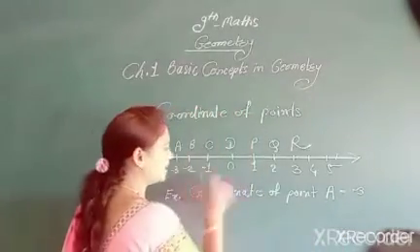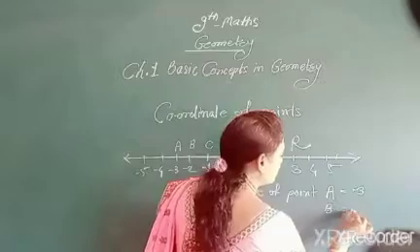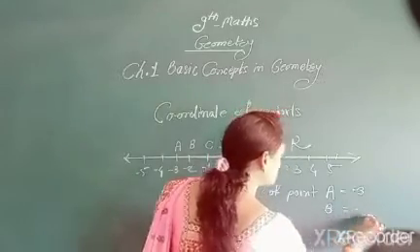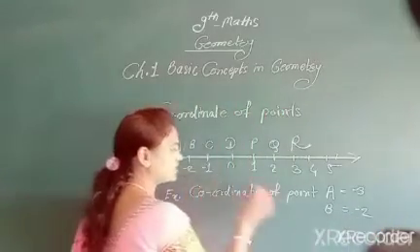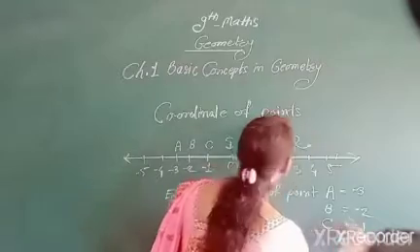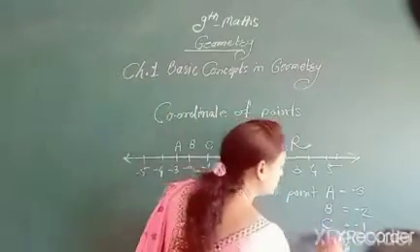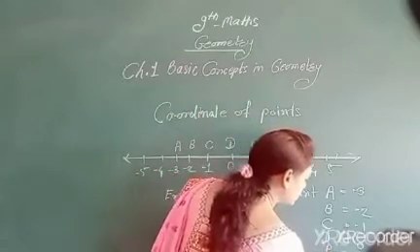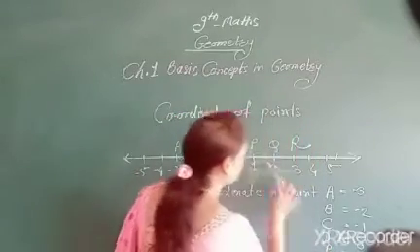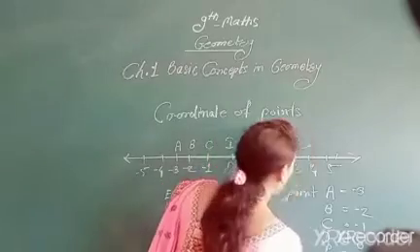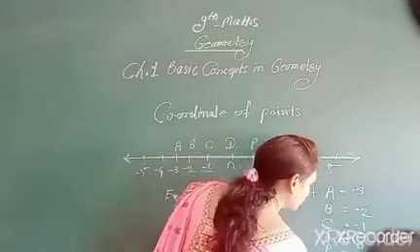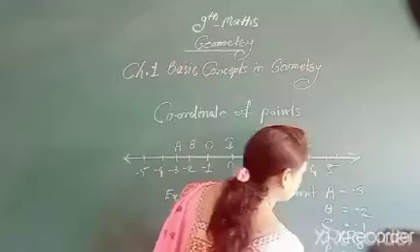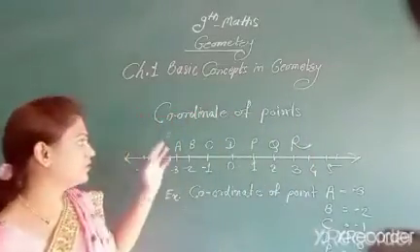Coordinate of point B is -2. Coordinate of point C is -1. Coordinate of point D is 0. Coordinate of point P is 1. Coordinate of Q is 2. And coordinate of point R is 3. Have you got it? What is meant by the coordinate?